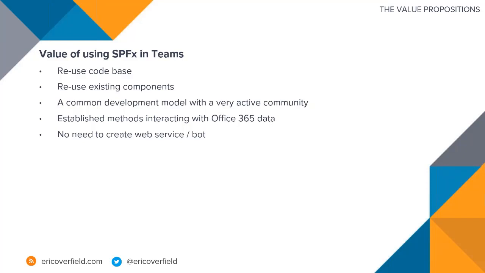If you're going to be interacting with Office 365 driven data, I would even argue maybe with Azure, AAD, even Dynamics 365, it makes sense to me, and I think it's almost a no-brainer that SharePoint Framework should be your starting spot on how you would build a custom Teams app to interact with that kind of data.